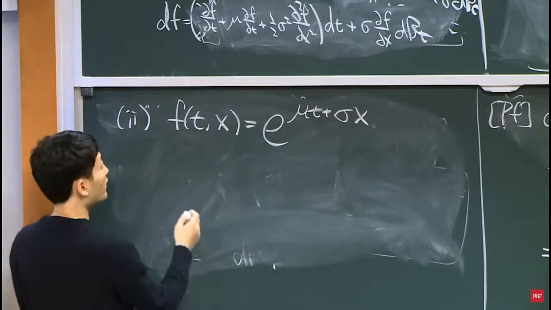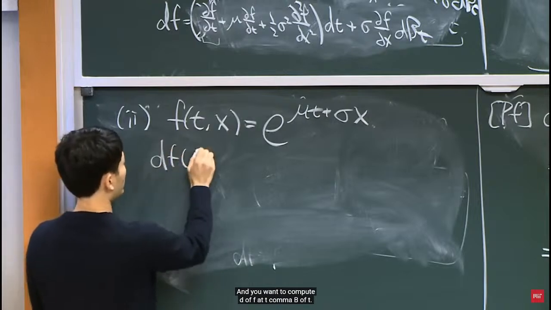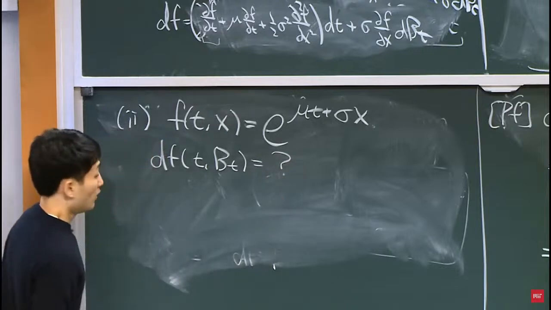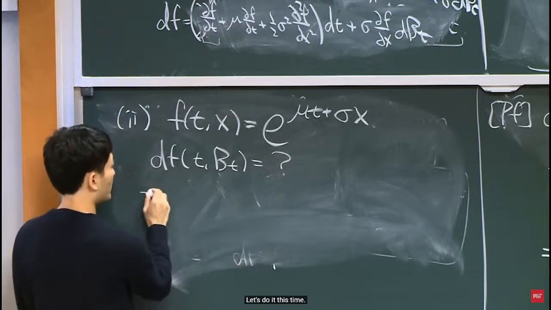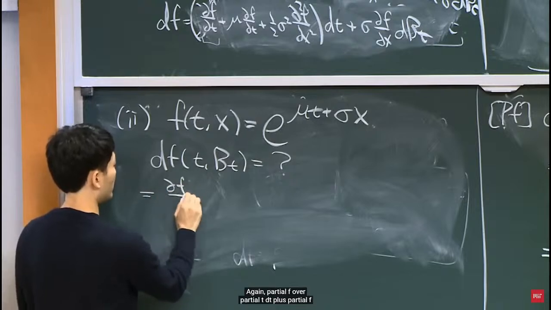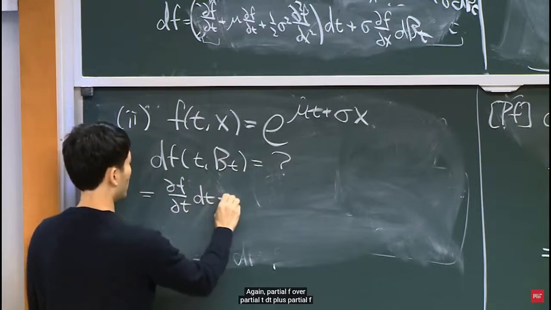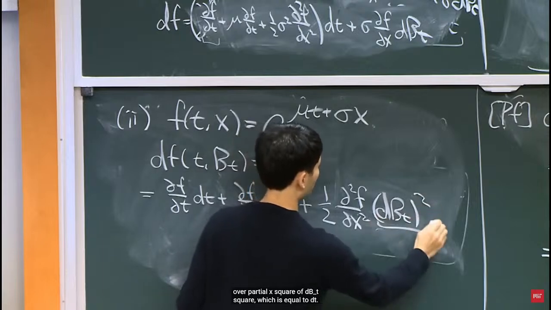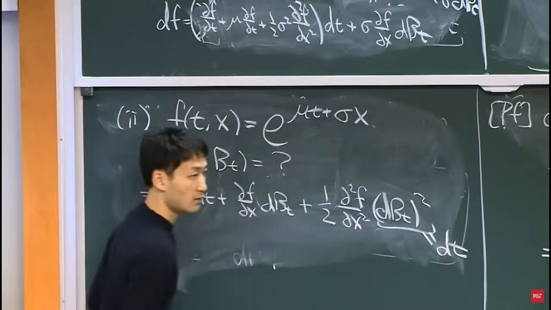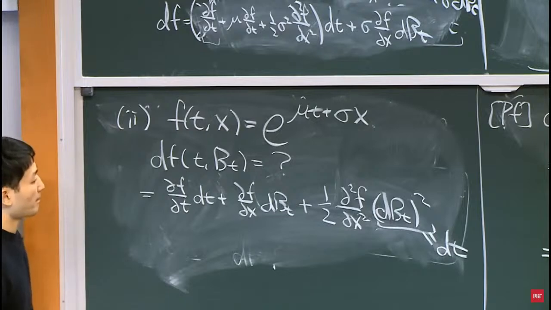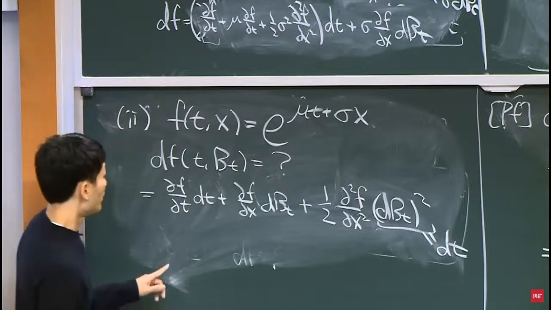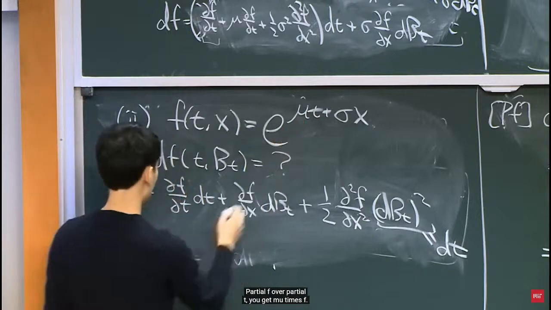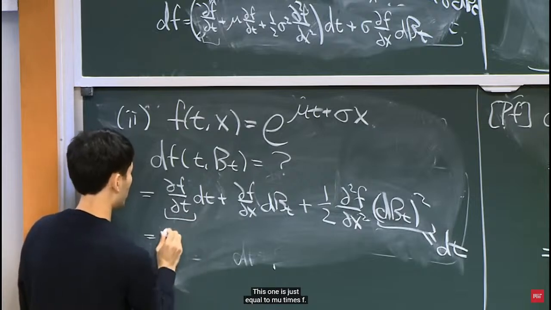You want to compute d of f at t comma B_t. So maybe I'll just do it this time. Again, partial f over partial t dt, and the square of dB_t squared, which is equal to dt. And let's do it. Partial f over partial t, you get mu times f.